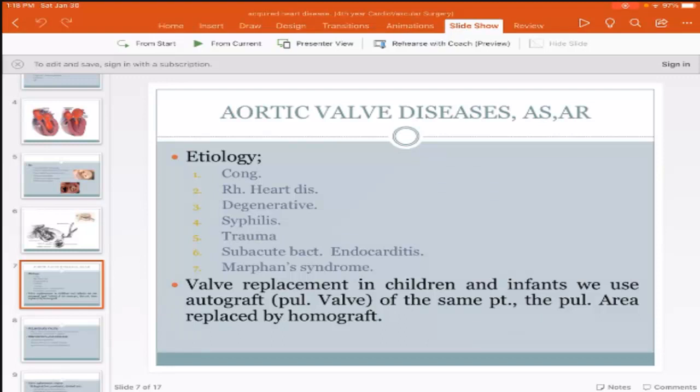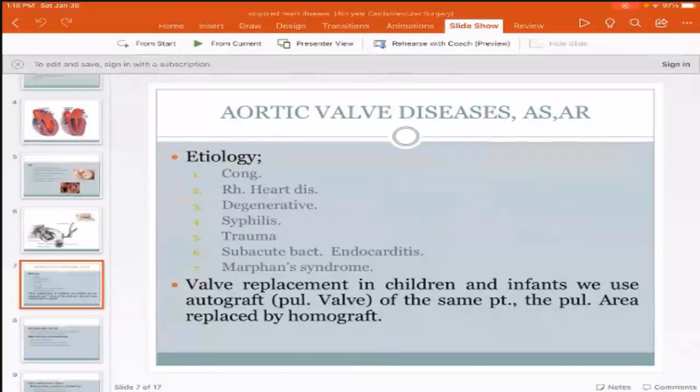Aortic regurgitation needs to be managed for life. Now, why in aortic stenosis does it need early intervention, not like in aortic regurgitation? Put it in your mind, why?